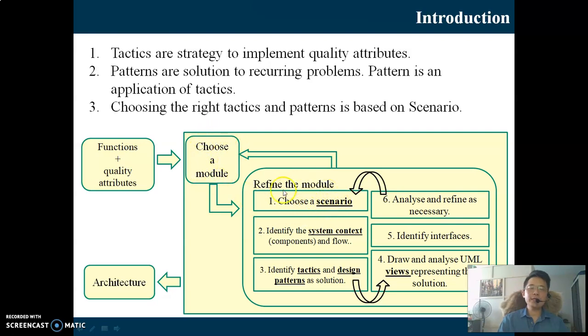So to identify the components, we choose a scenario of how the system could have been used. We identify the system context, i.e. the objects, the actors, the external systems that are interacting with the system. We identify the input-outputs between the sink and sources.